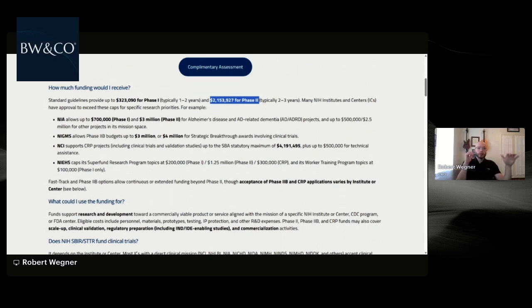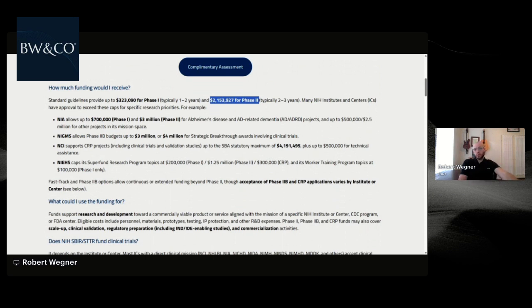That is the general guideline for SBIR funding across the board. There are a few institutes and centers where this guideline increases because of specific waivers that these institutes and centers are ponying up to be able to fund these projects at a larger scale. Some examples of that are the National Institute on Aging.